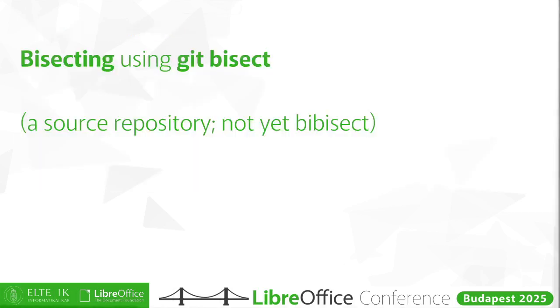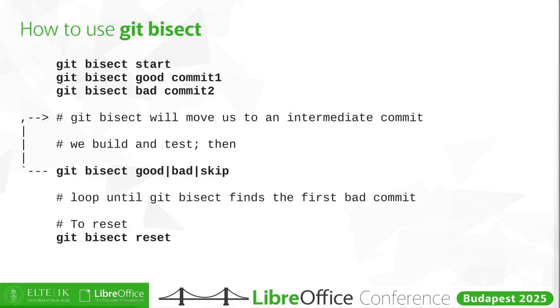Now, I'm going to show what bisecting looks like using git bisect. A very quick mockup. First, the commands. You do git bisect start, and then you need to tell Git the last known good and the first known bad commit. So what was the last blue ball, and what's the first known red ball?